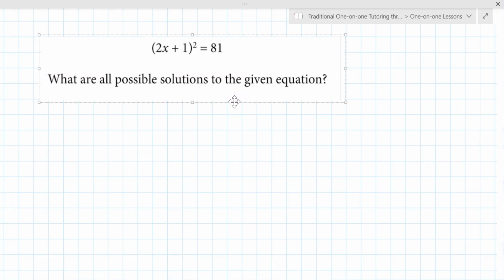X equals 4. So when it says possible solutions, that means there's more than one in most cases, and you've missed at least one of them.